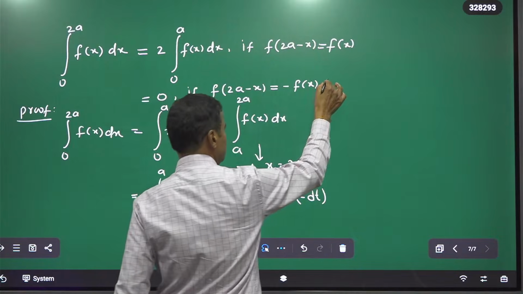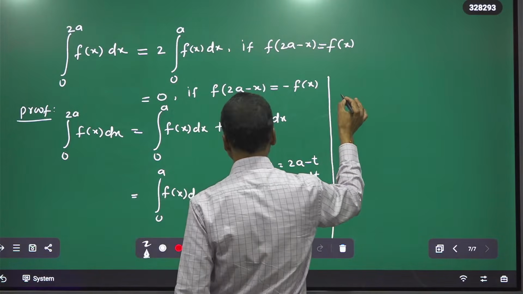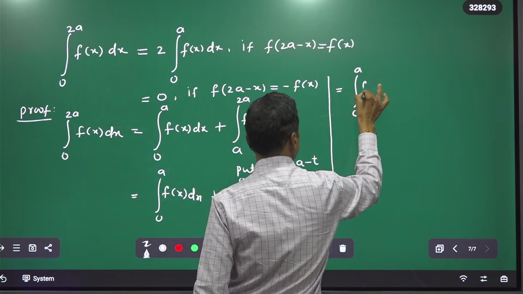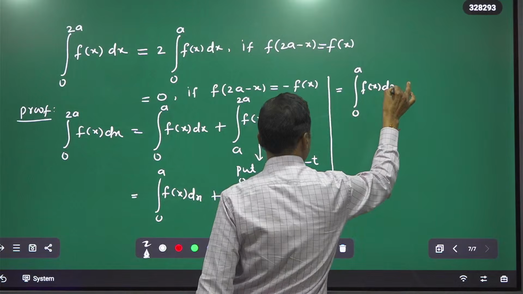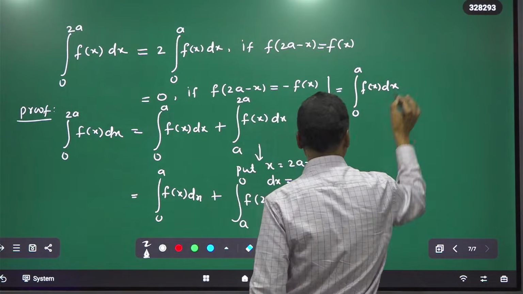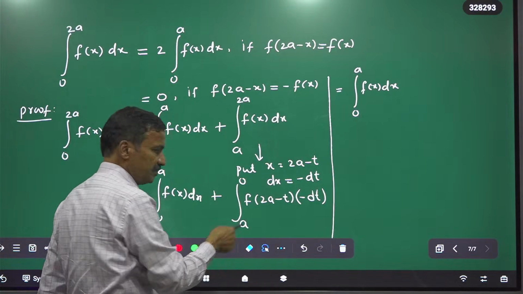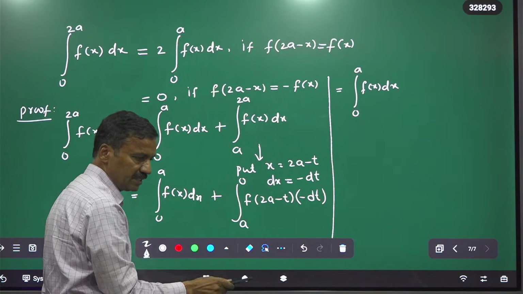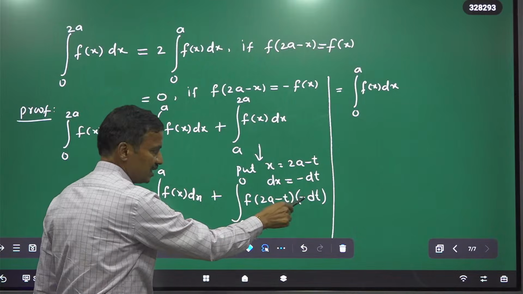So now, that is equal to, this is the first integral as it is, that is integral 0 to a f of x dx you can write, plus, see if you interchange the limits 0 to a, then this becomes positive. If you interchange the limits, the sign changes. So this becomes positive here.